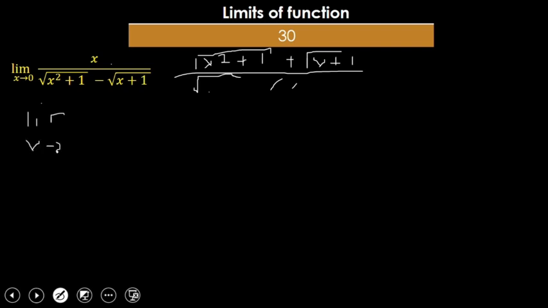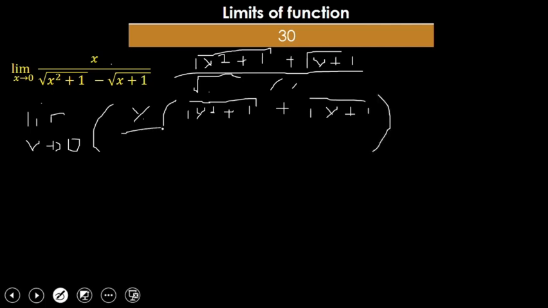X tends to 0 of what? X into the square root of x squared plus 1 plus the square root of x plus 1, that is all over this and that. Okay, we have x squared plus 1 plus x plus 1. No, that is minus, sorry.